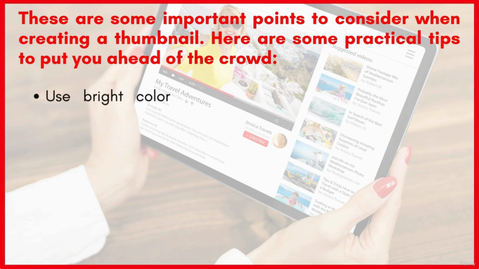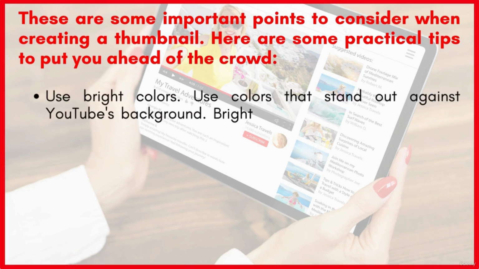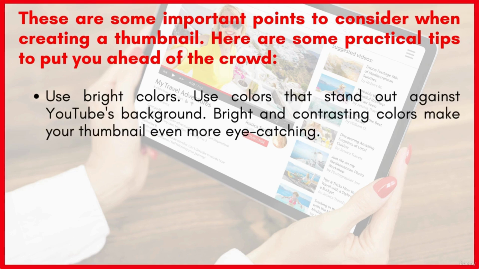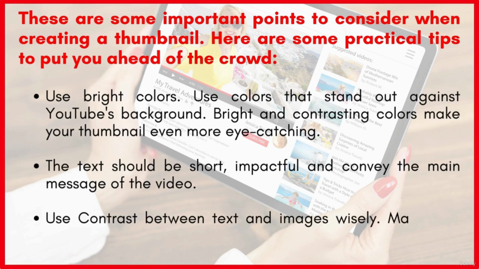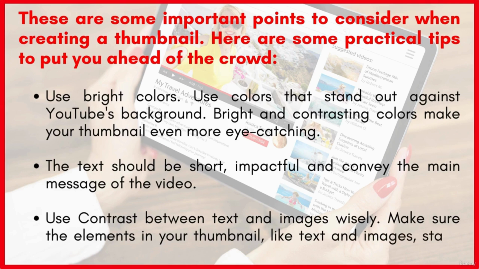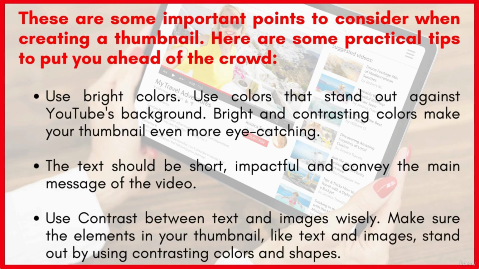Use bright colors. Use colors that stand out against YouTube's background. Bright and contrasting colors make your thumbnail even more eye-catching. The text should be short, impactful, and convey the main message of the video. Use contrast between text and images wisely. Make sure the elements in your thumbnail, like text and images, stand out by using contrasting colors and shapes.